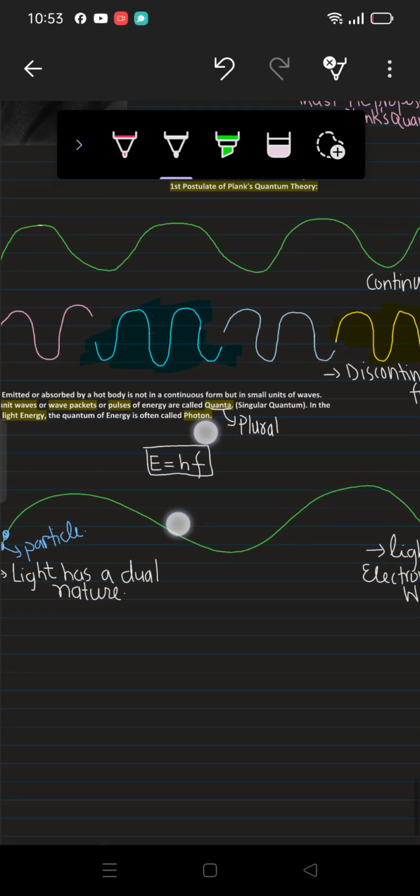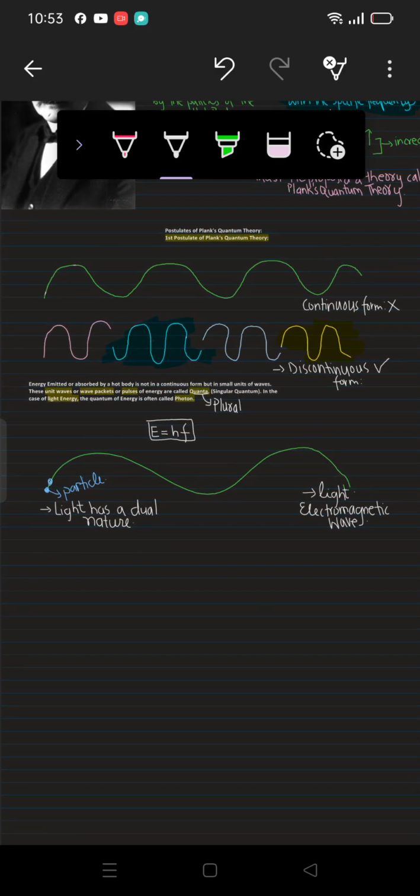You can find the energy of this light wave. So now we got to know that light has a dual nature. Light is basically a wave, and it can travel in the form of particles as well. So light has a dual nature, one of particle and the other of wave, right?